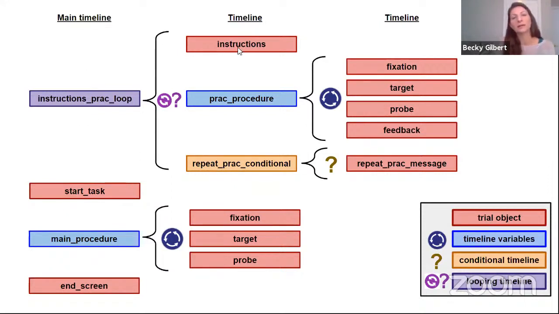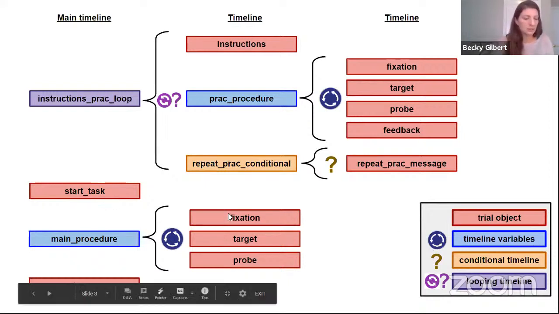Then that hits the instructions, the practice, and then we get to this conditional, which says, was performance good enough or not? And then that kicks off some other things. We may or may not get this message saying you need to repeat. And on top of that, that also determines whether the person is going to go back to the instructions or move on, which is the start task.